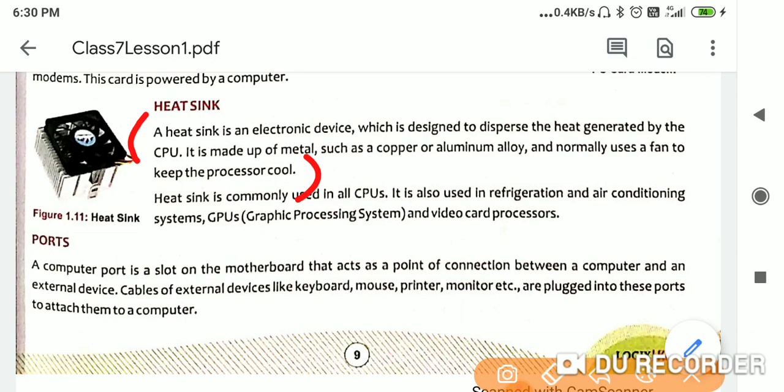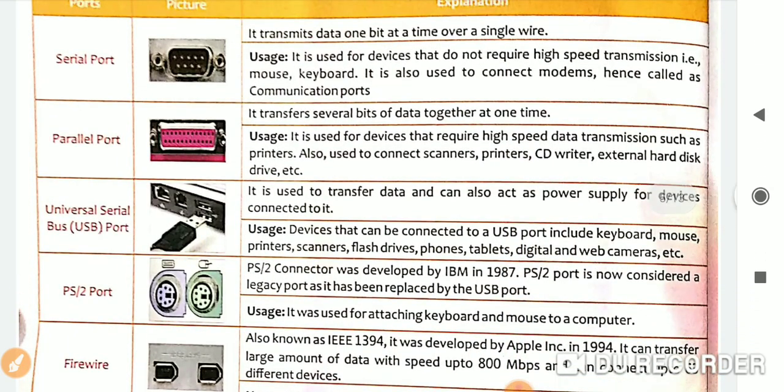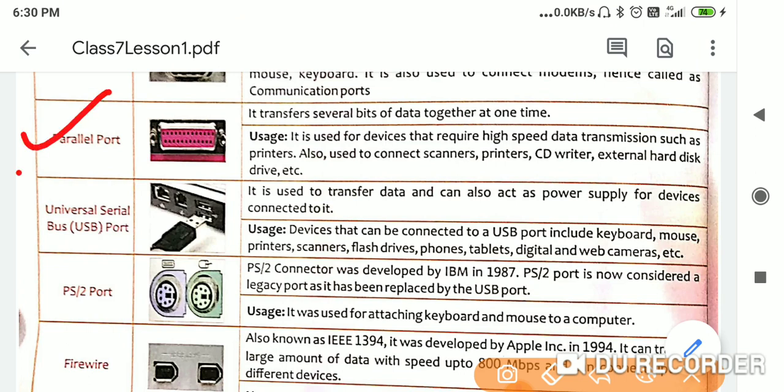The third one is parallel port, and the answer is given on page number 10. You can see in the table it is given about parallel port.